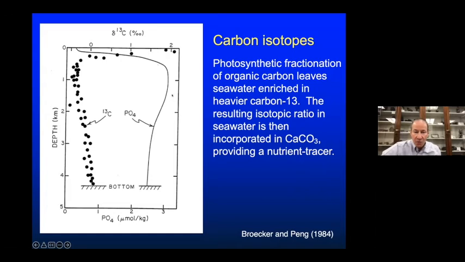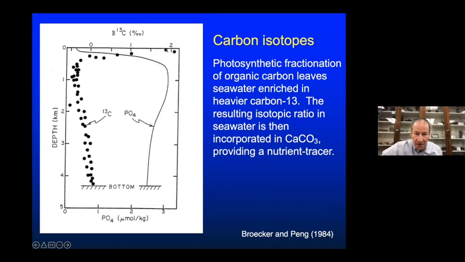When there's no phosphate, then organisms can't produce, they can't thrive and live. So phosphate gets used up at the surface ocean by photosynthesis and by respiring organisms. And the black dots are carbon isotopes.